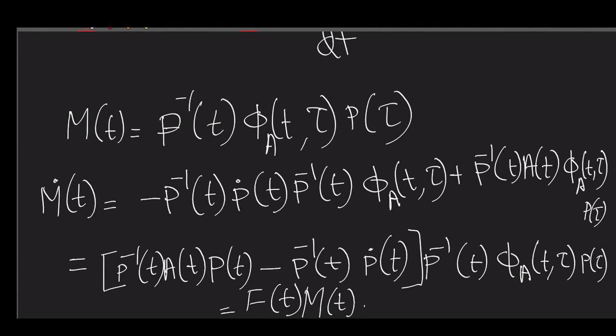So just to show that this guy which is playing the role of M is actually the state transition matrix for the new system, because for all the cases of the normal state transition matrix, you should get what?